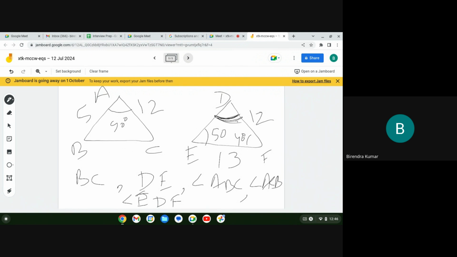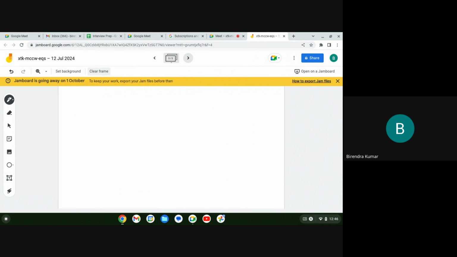Once you got SAS, you proved these two triangles are congruent. That is how you found this angle and this angle matching with this one, relating to the sides. That gives me confidence that probably whatever we learned, we learned it right.